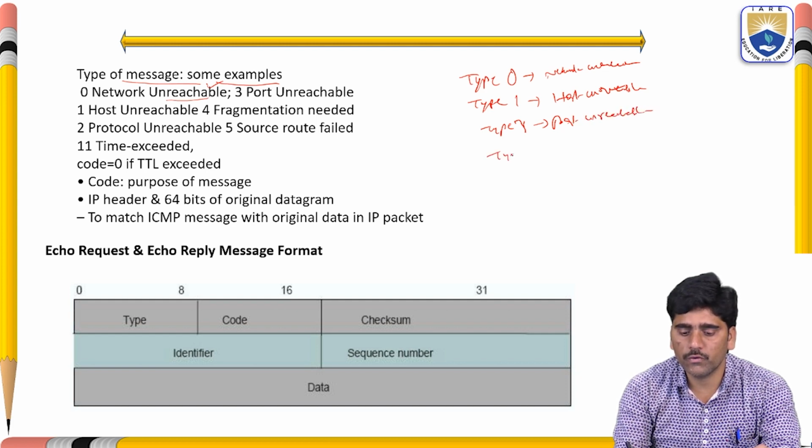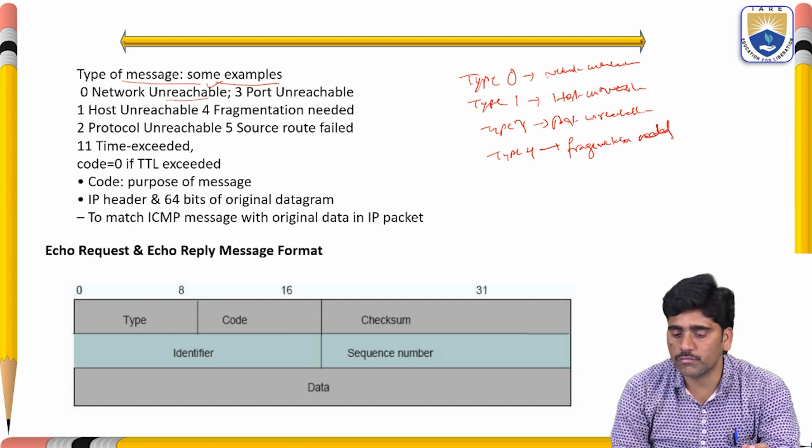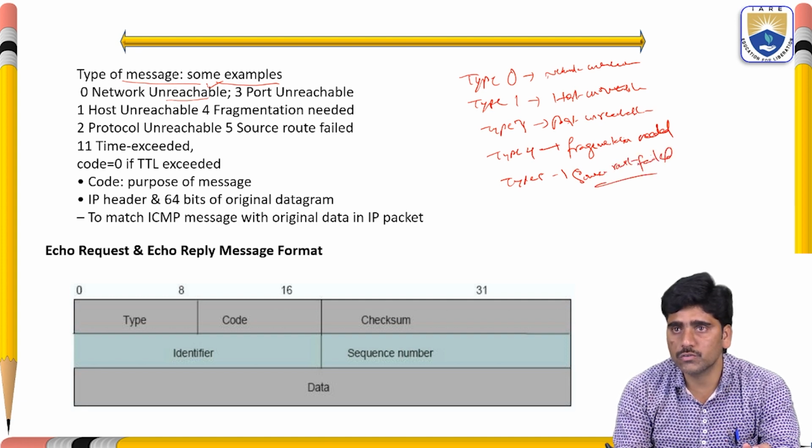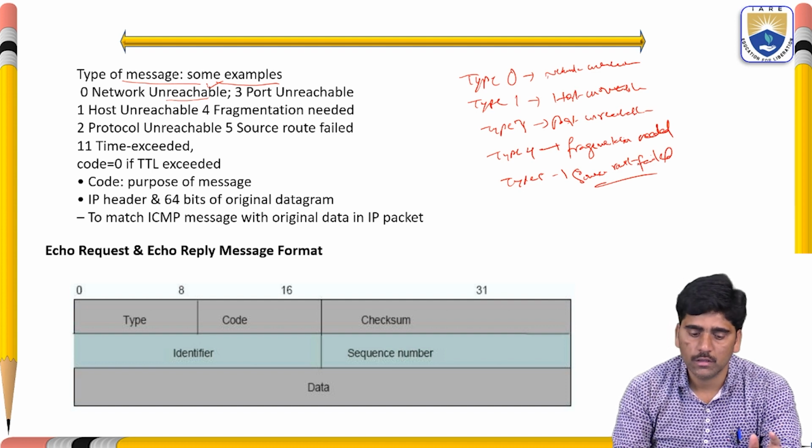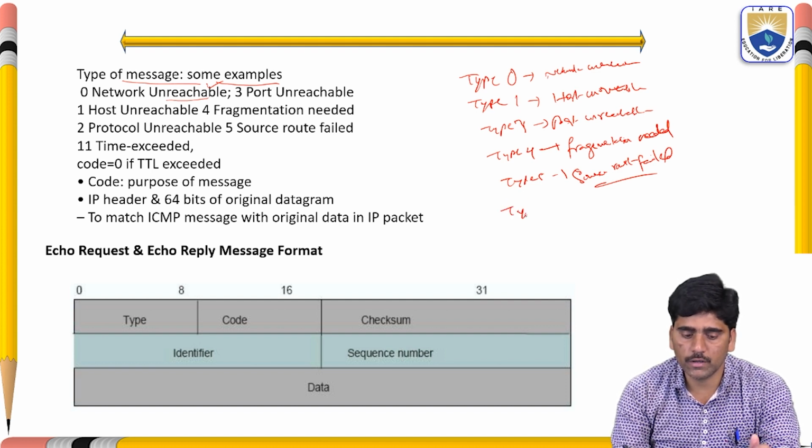And type 4 indicates fragmentation needed. To divide the packets into sub-packets, fragmentation is needed. Type 5 indicates source route failed, which is also known as source quench. And type 11 indicates time exceeded.